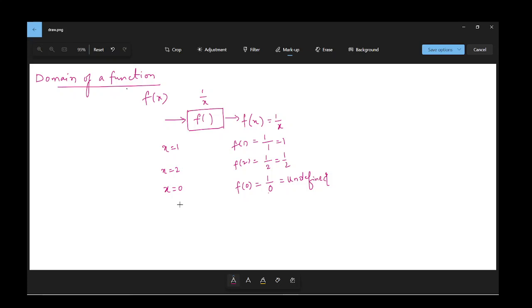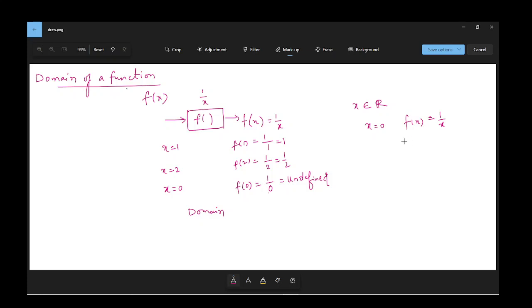This gets us to the essence of what the domain is. In this example, you can take any value of x in the real numbers and it will produce defined outputs. But for x is equal to 0, this function f of x, which is 1 by x, fails to produce a defined output.